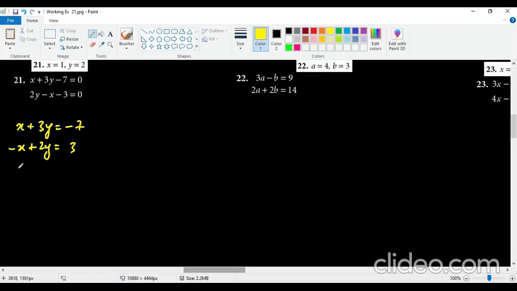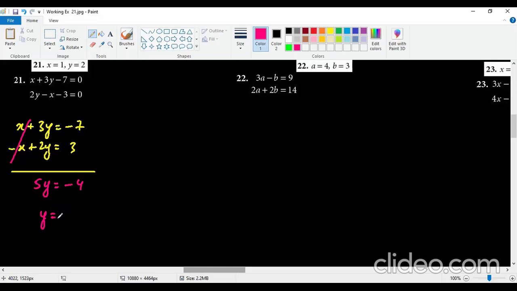Since the signs are already different for x, I will cancel straight away. I'll cancel this, and plus 3y and 2y is going to give us 5y equals minus 7 plus 3, which is going to give us a negative 4. That means y is going to be equal to negative 4.